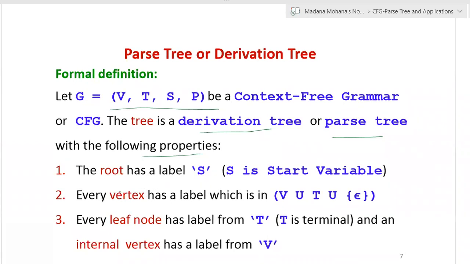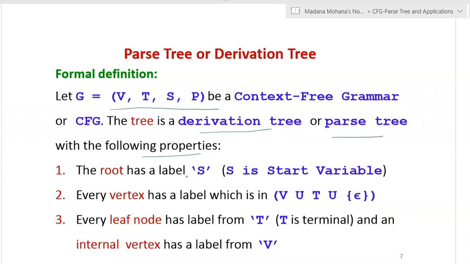Now as per these three, in the context-free grammar derivation tree or parse tree, what is a root, what is a vertex or interior or internal node, and what are the leaf nodes, all will be given below.